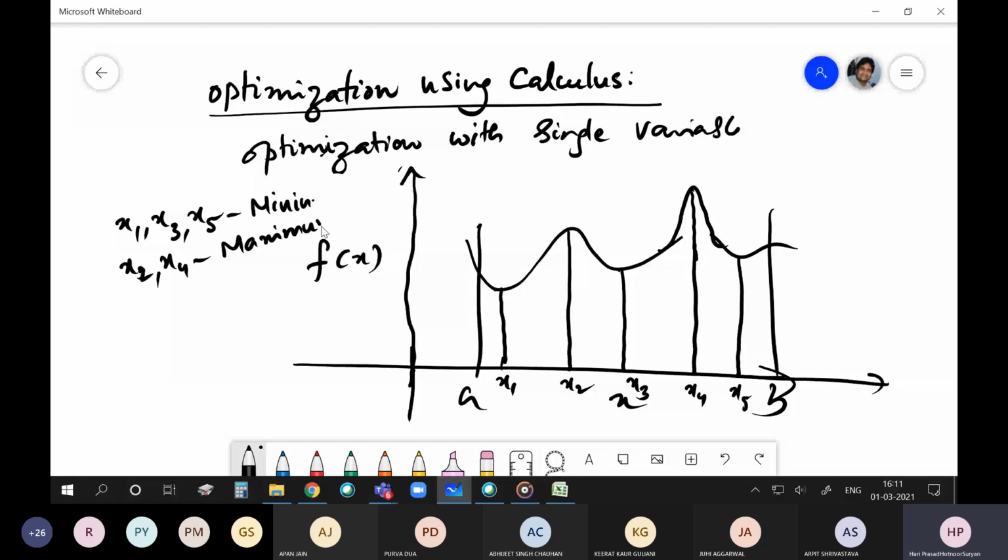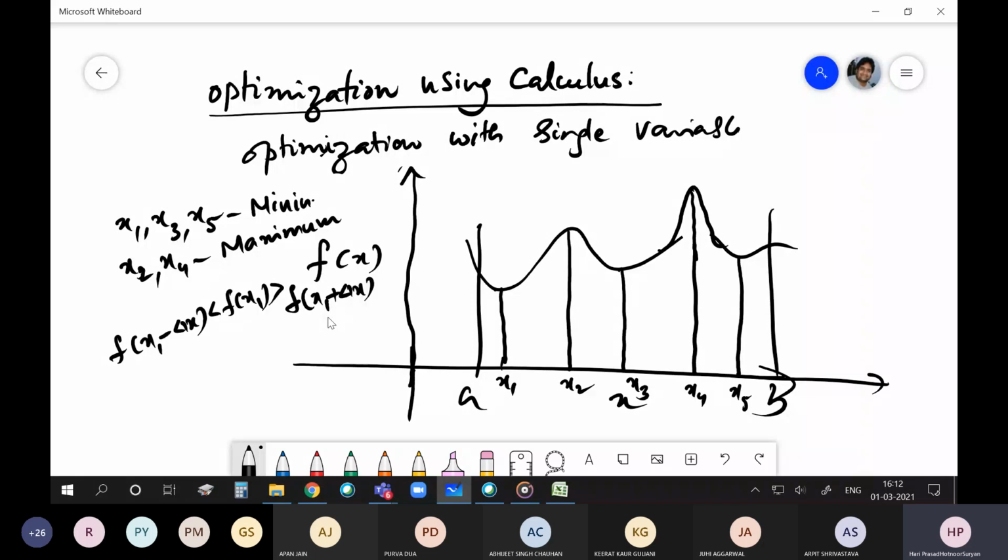So how do we define a local minimum? We can say that the function f of x will have a local minimum if it has the lowest value in that neighborhood. That means if f of x1 minus delta x is greater than f of x1, which is less than f of x1 plus delta x.